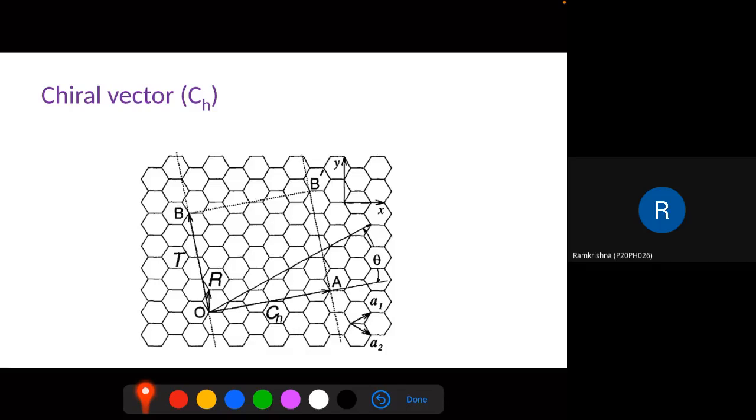To define this, let's say in this two-dimensional picture we take this point O, and now we draw a vector OA. This is a vector known as the chiral vector. Now we want to create a nanotube by connecting this point A, the carbon atom at A, folding it and putting it at O, at the origin.